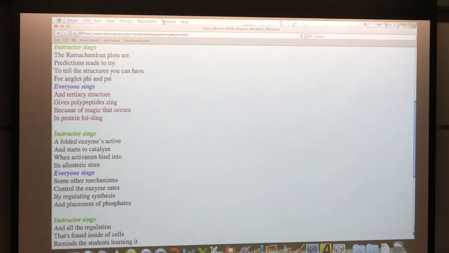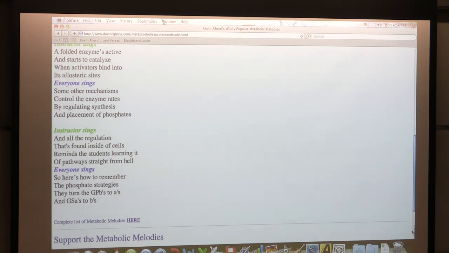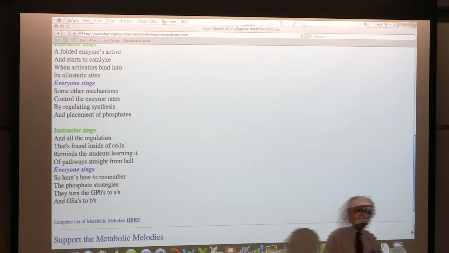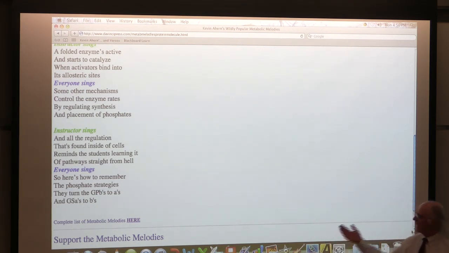Some other mechanisms control the enzyme rates by regulating synthesis and placement of phosphates. And all the regulation that's found inside of cells reminds the students learning it of pathways straight from hell. You can relate to that.